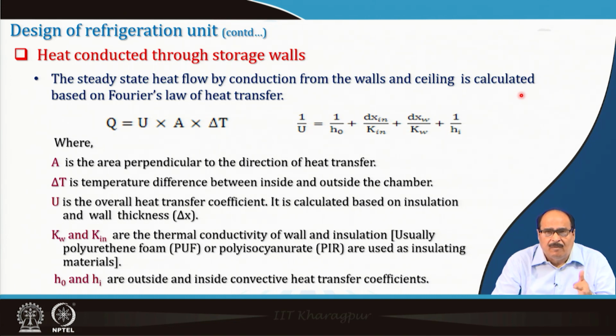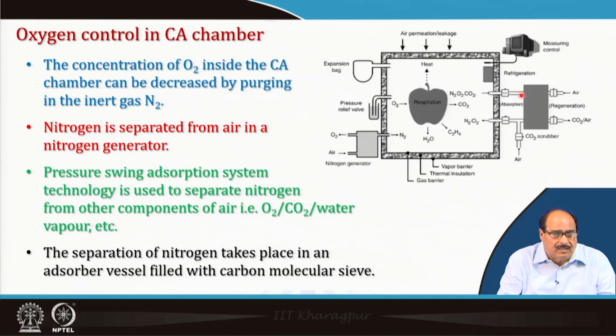It is calculated based on the insulation and wall thickness, delta x: 1 by U equals 1 by Ho plus dxin by Kin plus dxw by Kw plus 1 by Hi, where Kw and Kin are the thermal conductivity of the wall and the insulation, and Ho and Hi are the outside and inside convective heat transfer coefficients. From this one can calculate the heat conducted through the storage walls.